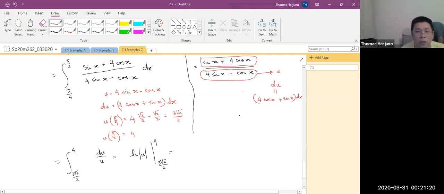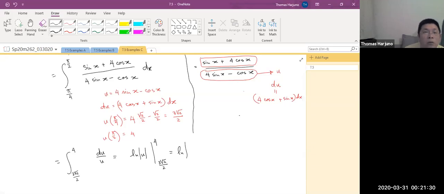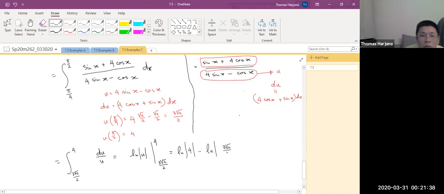This is natural log of 4 minus natural log of 3 radical 2 over 2. But we can simplify this further, right? This is natural log of 8 over 3 radical 2. That's natural log of 4 radical 2 over 3.